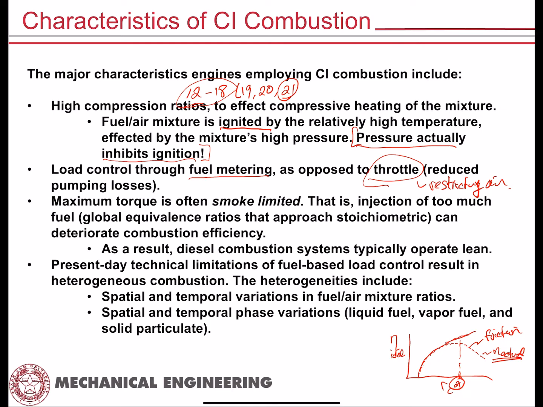And so conventional spark ignition engines, for example, usually use a throttle to control the load, and they do that by literally restricting the amount of air that the engine can breathe, and so that's necessarily going to inhibit the power that the engine can make. And ultimately what that throttle is doing is increasing pumping losses, right? The throttle is increasing pumping losses. When you remove the throttle, it reduces the pumping losses. And so you get an efficiency benefit by having your load control done through fuel metering.